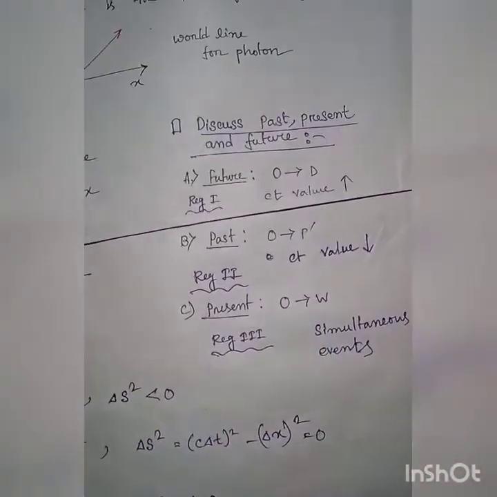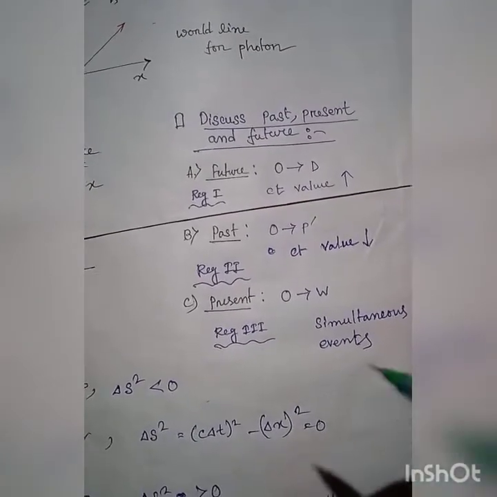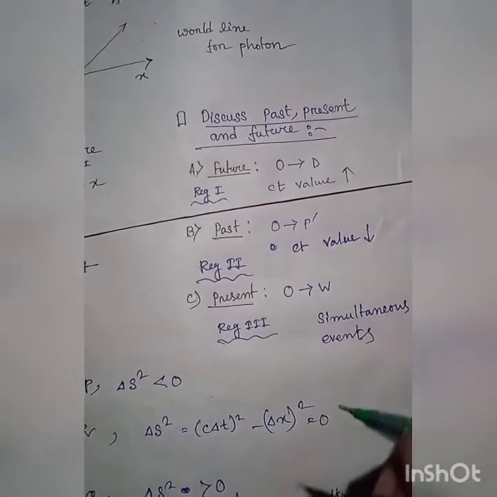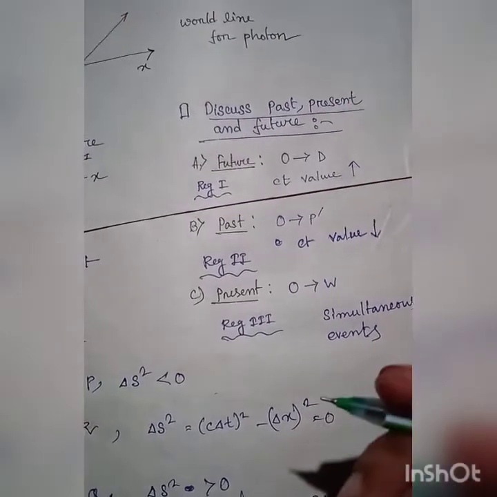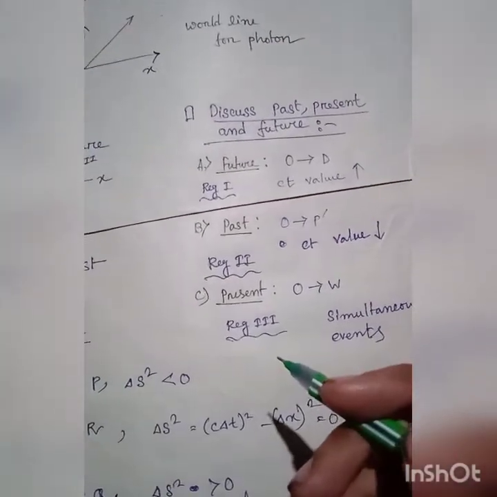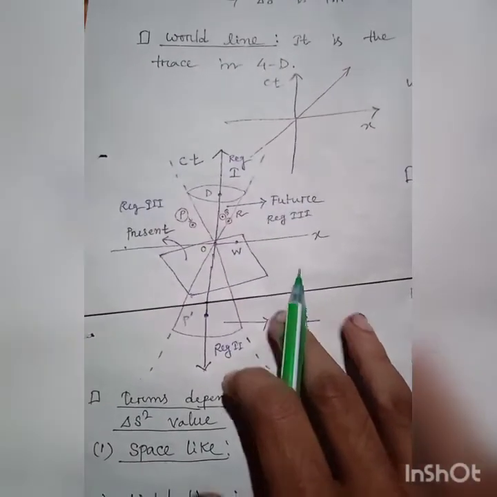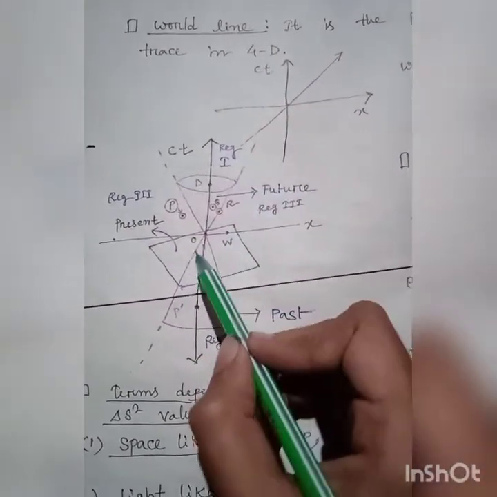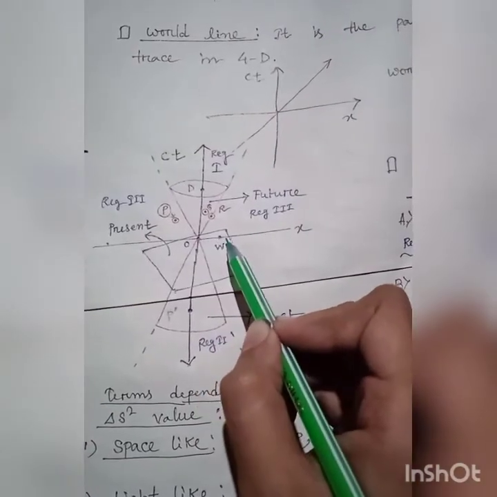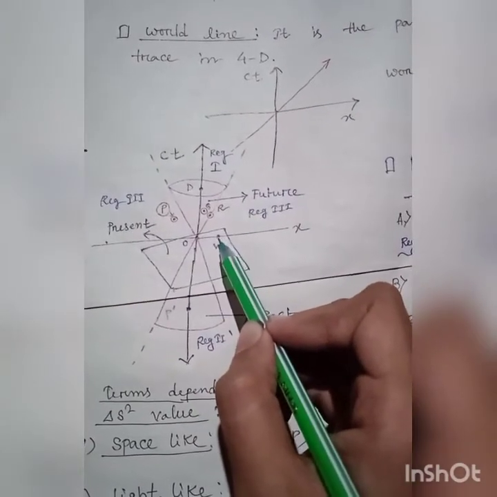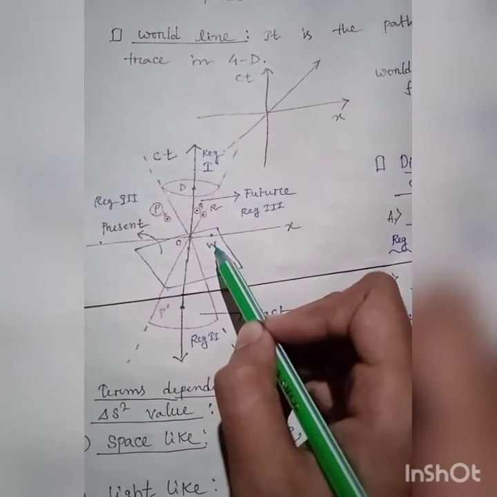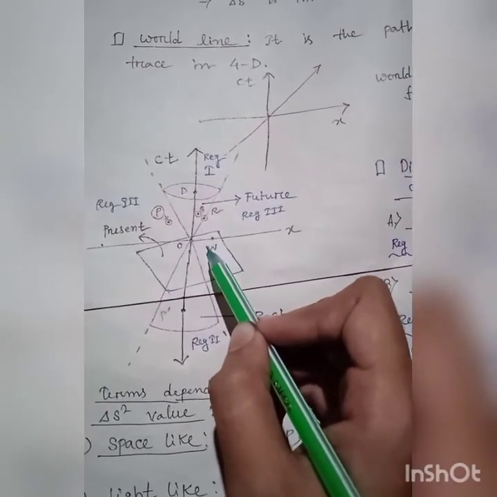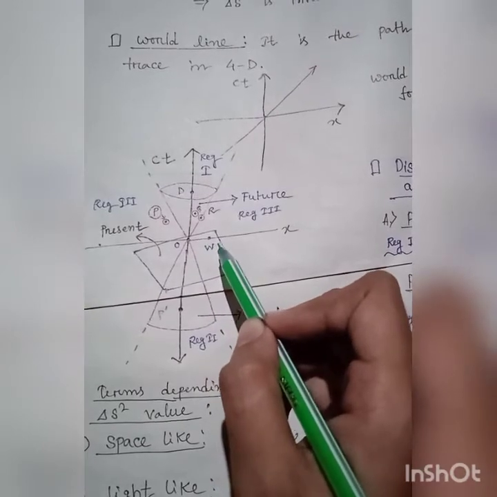Now let us consider the present region. We have to go from O to W to understand the present region and region 3. On going, O is our origin and W is here. On going from O to W, we can easily see that the time is not going to vary here.